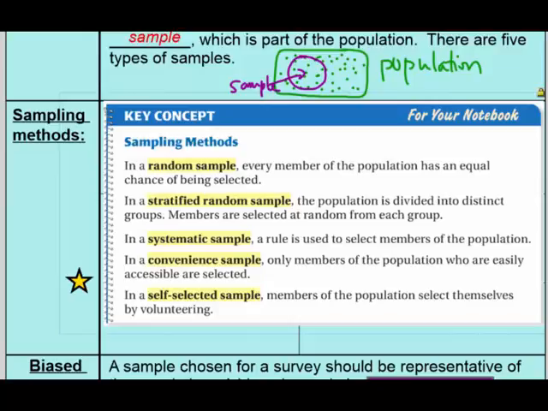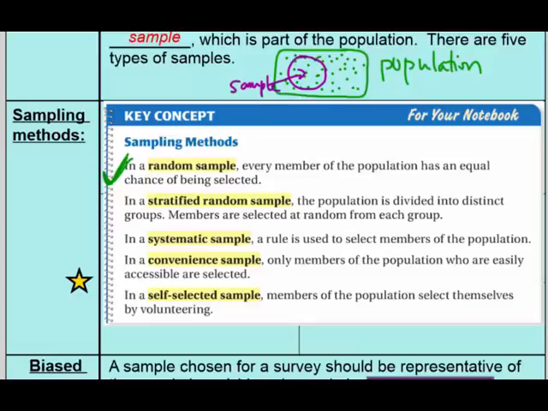So the first kind of sample is called the random sample. In a random sample, every member of the population has an equal chance of being selected, okay? So super random here. For example, I want to survey favorite subject at Skyview Middle School.